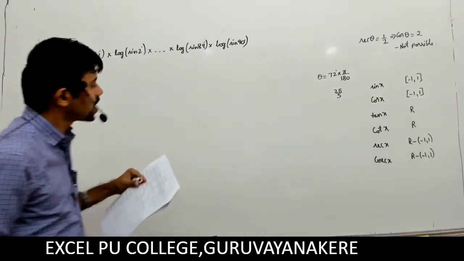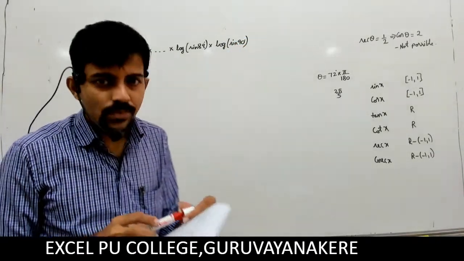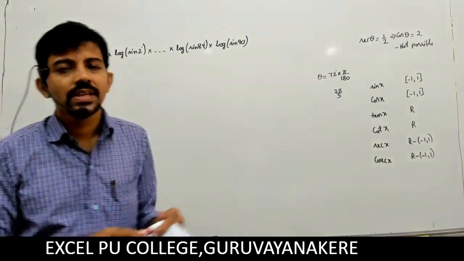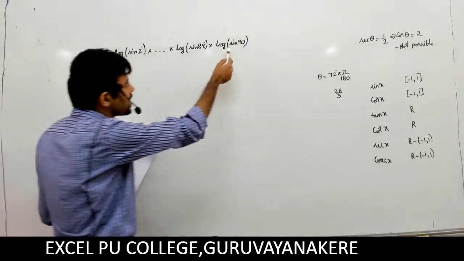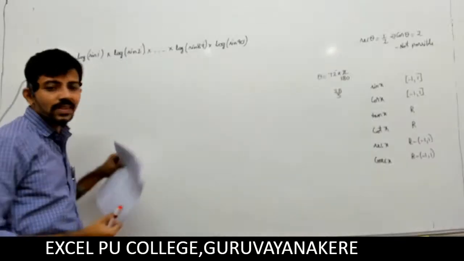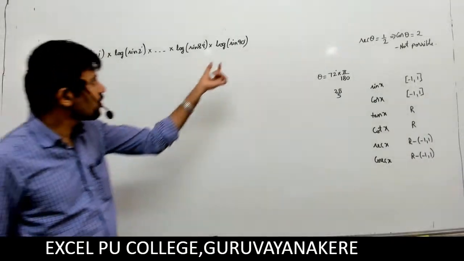Correct? You must know the concept of logarithms also here. You know the value of sine 90 degree. Sine 90 is 1.